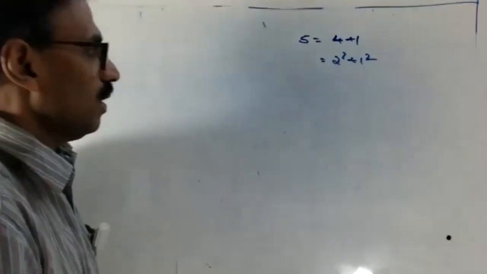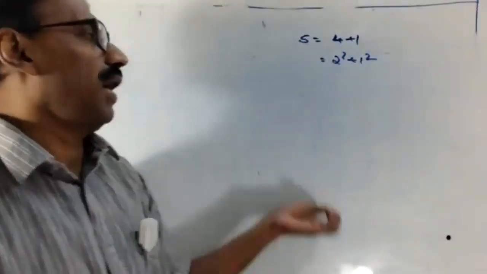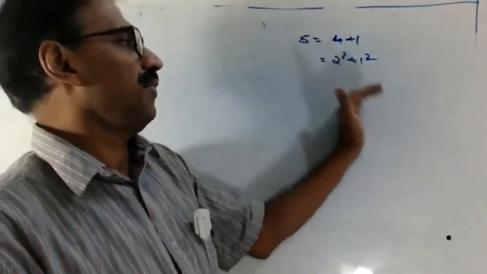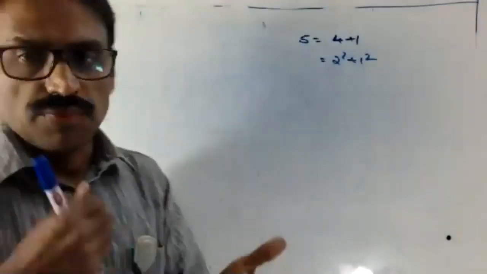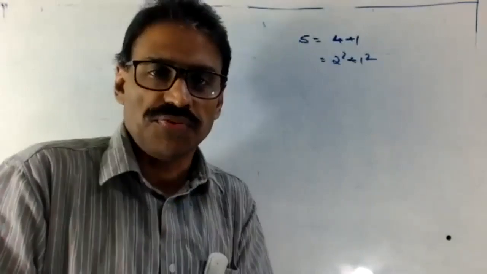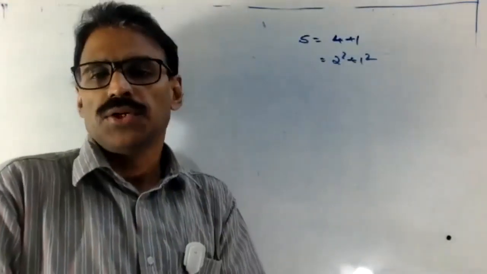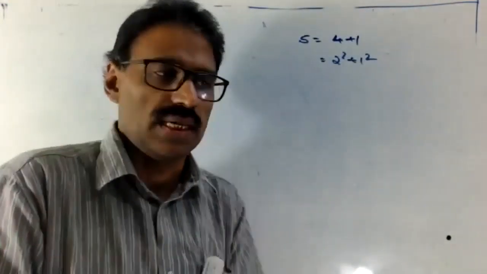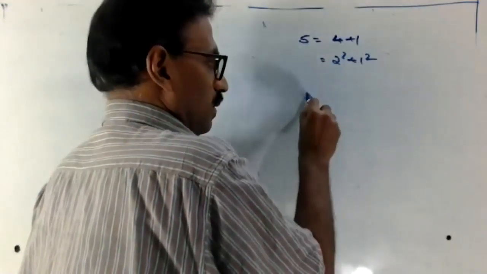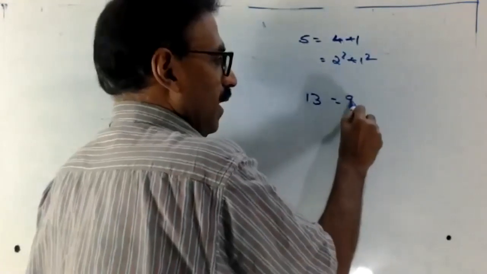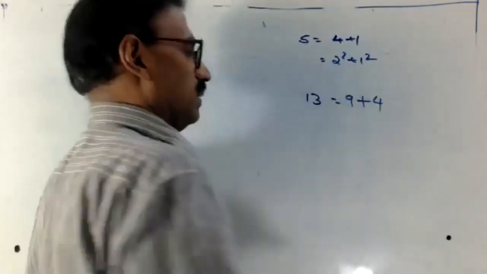Look at here. First of all, 5 equals 4 plus 1. Look, what I said: first of all, you have to make it the sum of two perfect squares. Suppose 13, we can write what? 9 plus 4, like this.